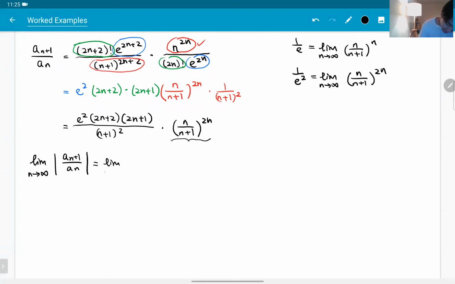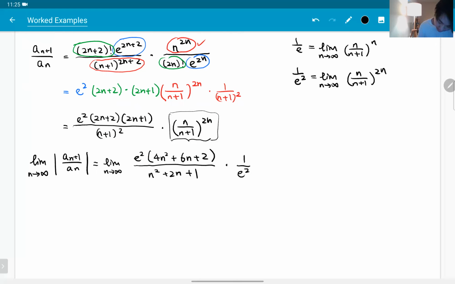Well, this first term, e squared, well, let me simplify the product quickly. It's 4n squared plus 6n plus 2. The denominator is n squared plus 2n plus 1. And then we already did the limit of this as n goes to infinity is 1 over e squared.